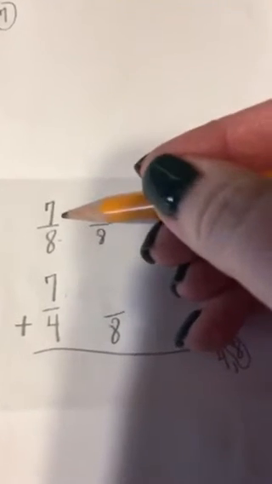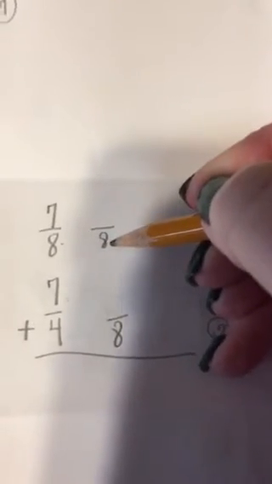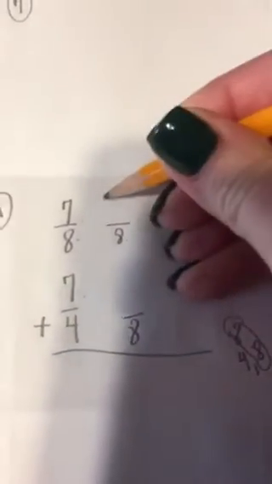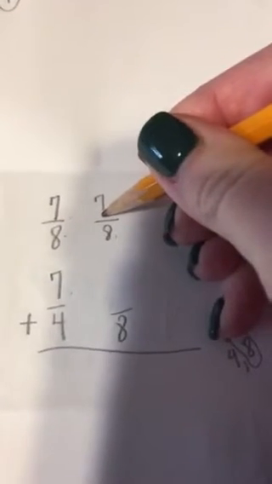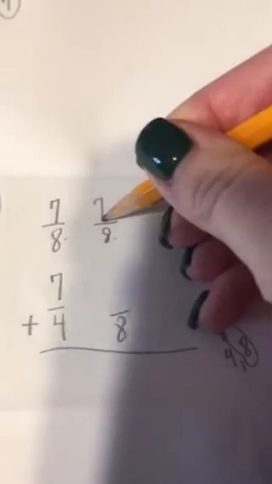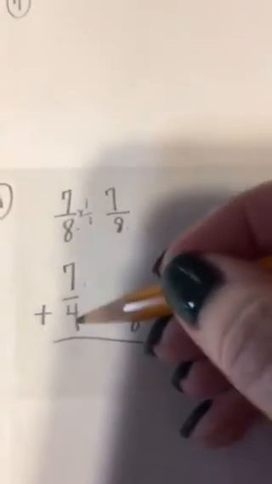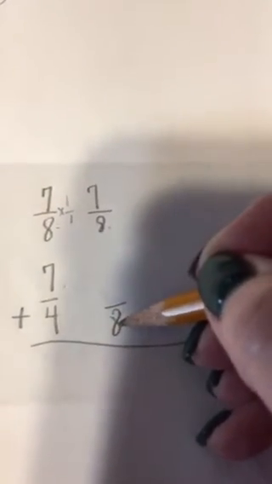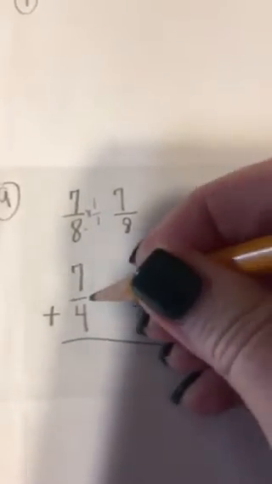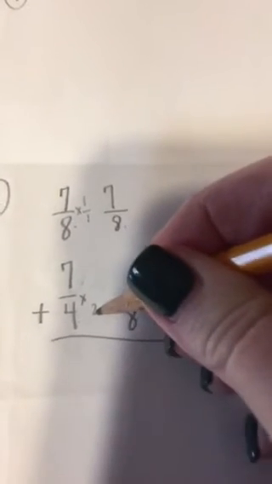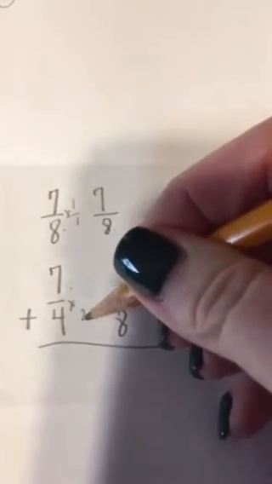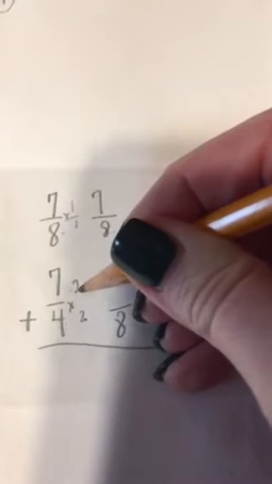This one is going to be simple. I don't even have to rename this to an equivalent fraction because it is already in 8s. I'll just copy it. If it makes you feel better to say I'm wanting on the bottom, so I'm wanting on the top, you may certainly do that. But there's no need, just copy it. What did I do to 4 to turn it into 8? 4 times 2 is what got me to 8. So if I'm 2ing on the bottom, I'm 2ing on the top.